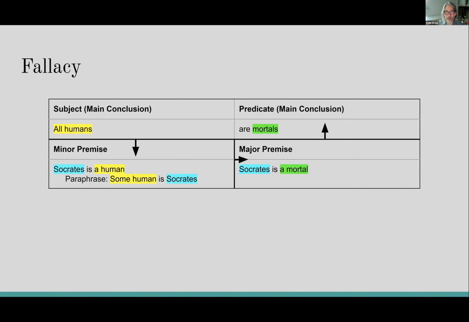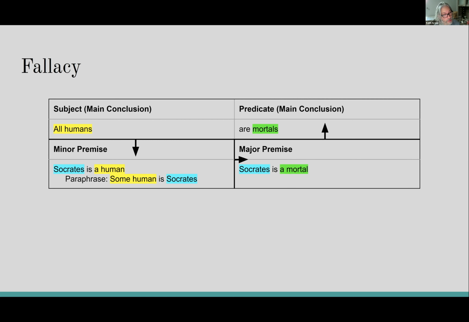And I'll show you quickly how version 3 doesn't work either. If we try to put all humans are mortals as the conclusion, then the minor premise would be Socrates is a human. And again, we have the syntax of the sentence backward, but that's no problem. We can paraphrase sentences in English. So I can flip it so that the subject of the sentence is about humans and the predicate of the sentence is about Socrates.